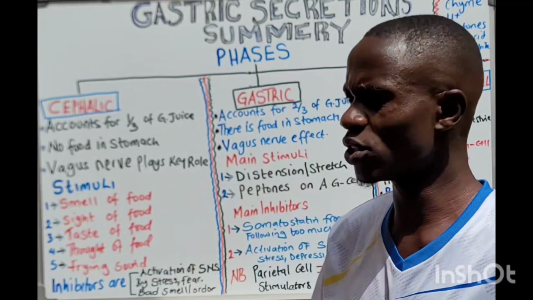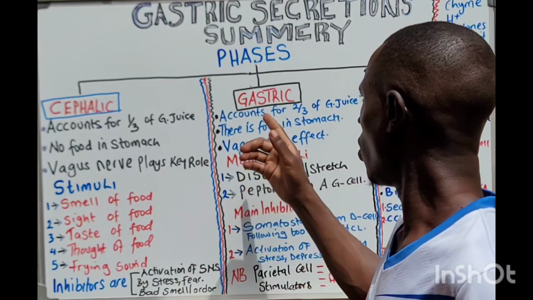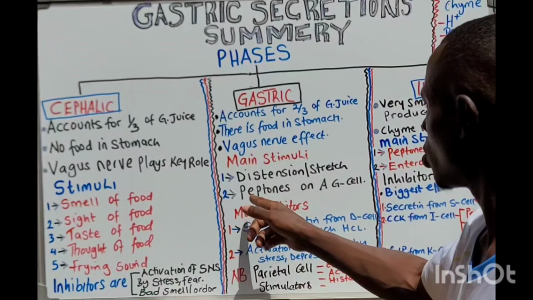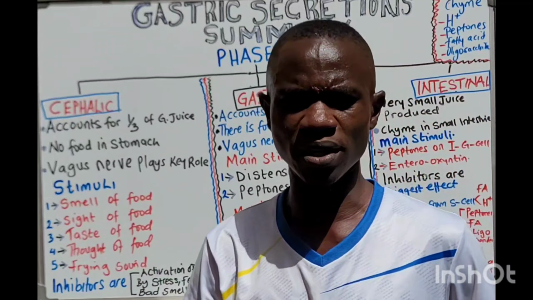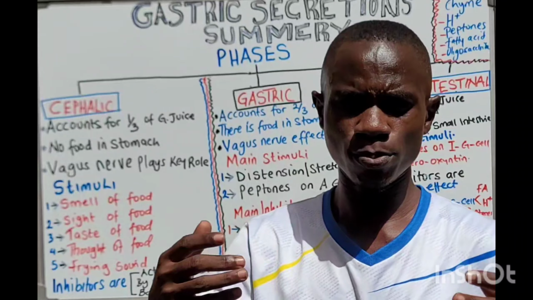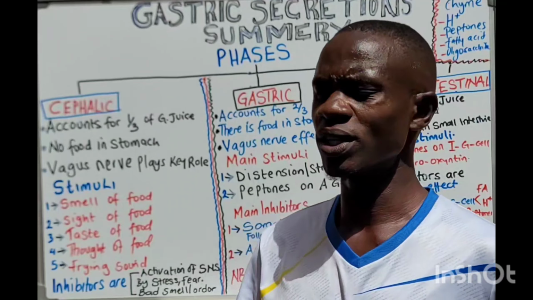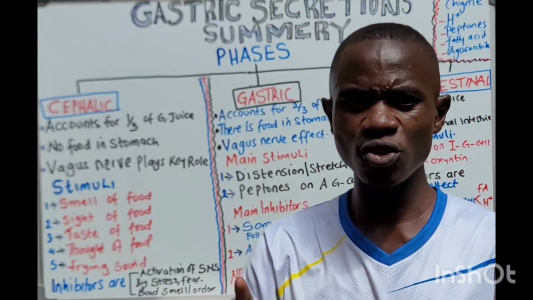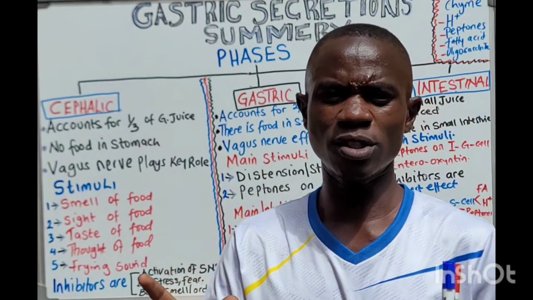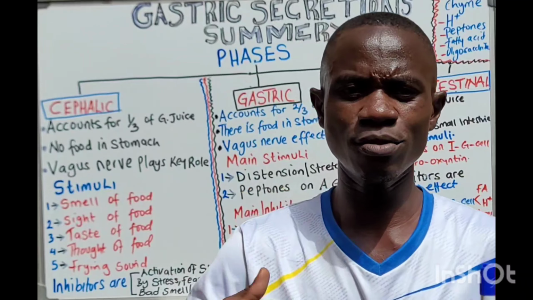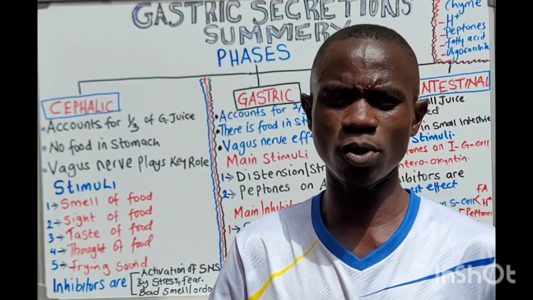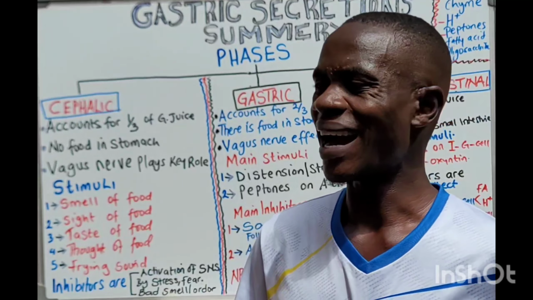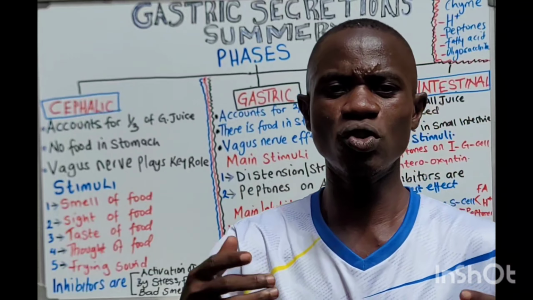So now there is stretch, which is among the main stimuli of the gastric phase. Another one is the partially digested proteins, and a good example is the peptones. Within the antrum of the stomach, we have specific cells that are sensitive to partially digested proteins, the peptones. These cells are the antral G cells.